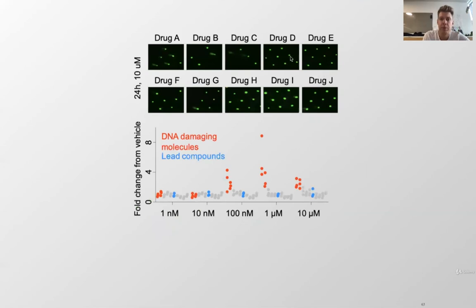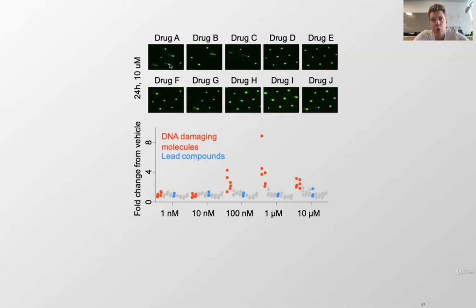Here are some examples of data for this Comet assay. You embed the nuclei of a cell into agarose gel, and then you run an electrophoretic field across it, and the DNA will be pulled out of the nucleus. This is why it's called a comet assay, because these look similar to comets.